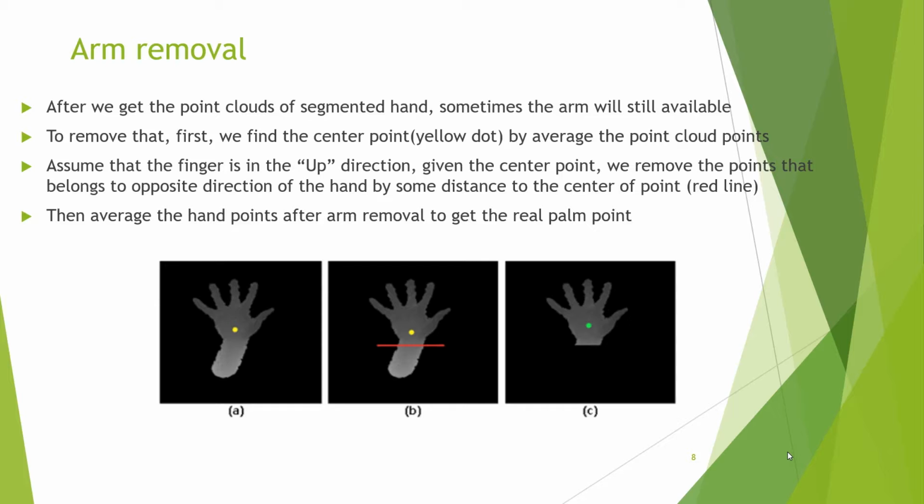Assume that our hand is in the up direction, as in picture A, and given the center point, we remove the points below it, which is the opposite of up, beyond some distance of a scalar that we got from trial and error, represented as a red line in picture B. Then we average the hand points after we get the arm removal.